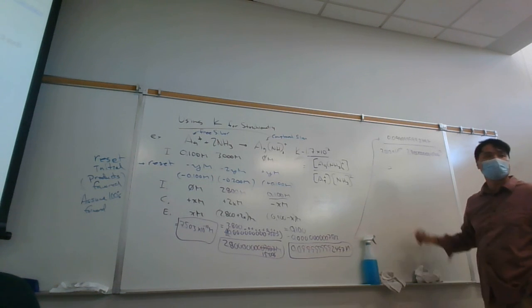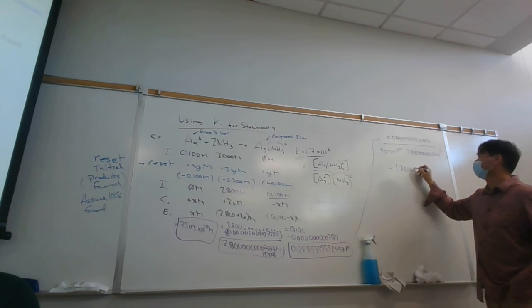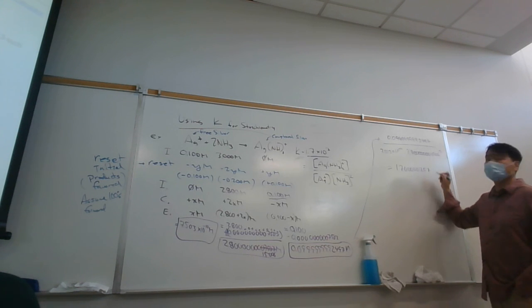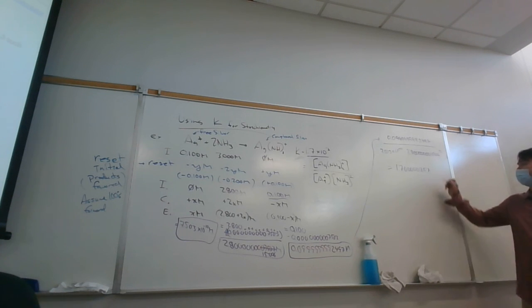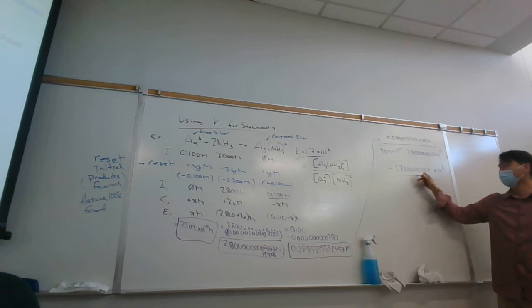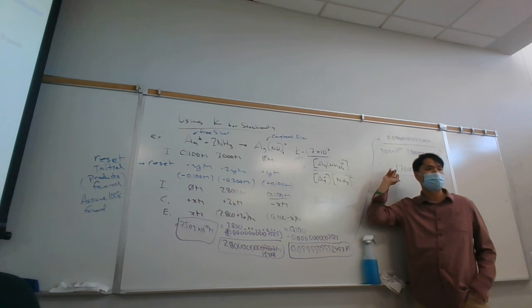Does somebody have it? 1.7000002 with 5 zeros and then 257, times 10 to the 7. So when we compare this to this, it's a pretty good match, right? Do you see that?